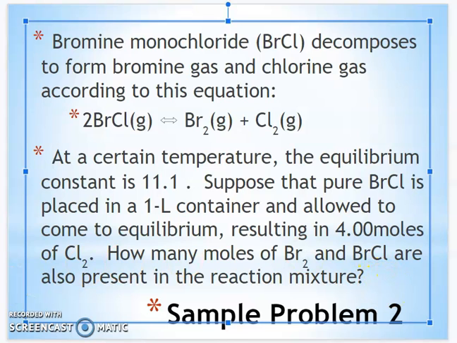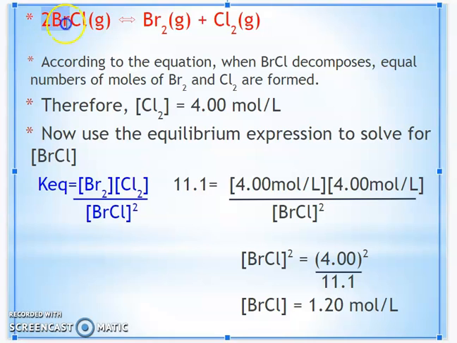So going here, once again, here is our reaction that's actually taking place and it's balanced. According to your equation, when BrCl decomposes, equal numbers of moles of bromine and chlorine are formed. And you know that because there is no coefficient here and there is no coefficient there, which means that 1 mole of this is forming and 1 mole of that is forming, if we recall the implied 1.